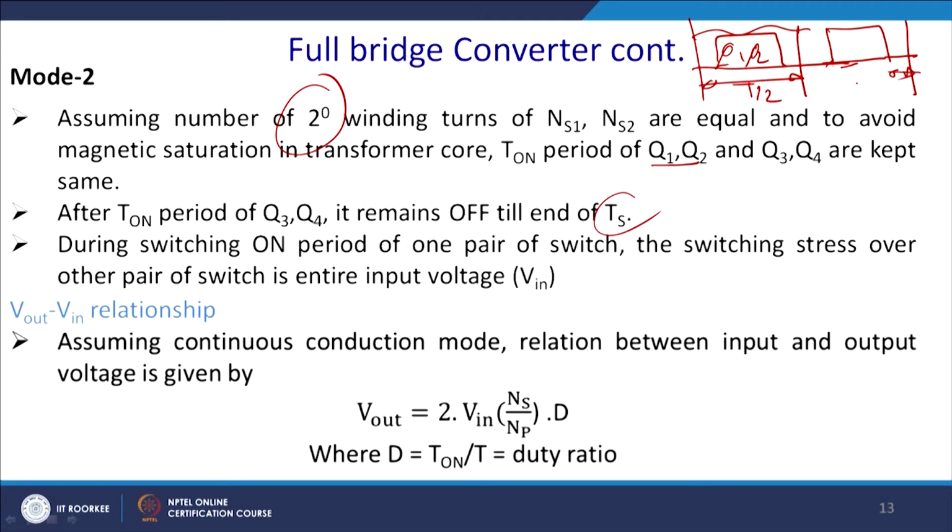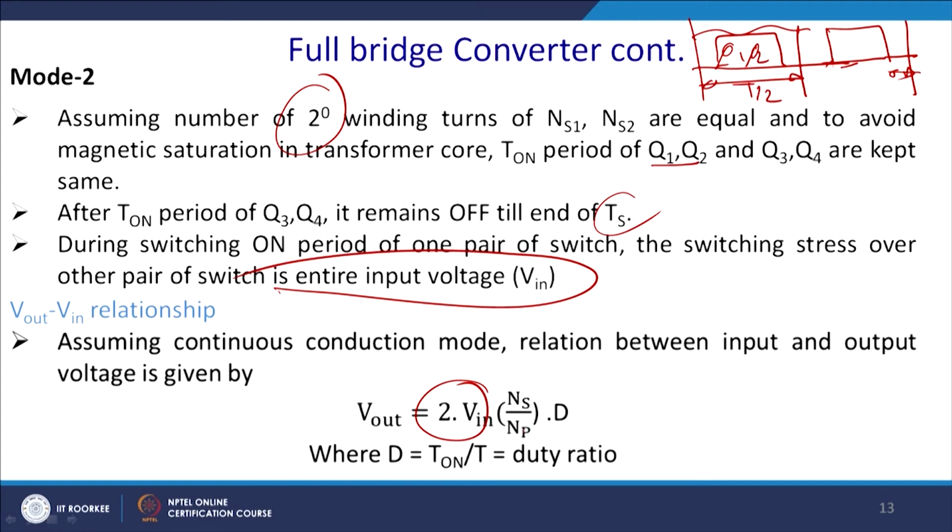During the switch on period of one pair of switches, the switching stress over the other pair of switches is the entire voltage V in. So, the V out and V in relationship: assuming continuous conduction mode, unless otherwise stated, the relation between the input and output voltage is V out equals 2 V in into D, where D is T1 by T, times Ns by Np.